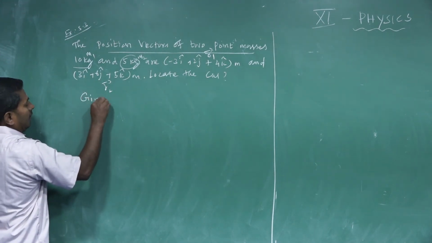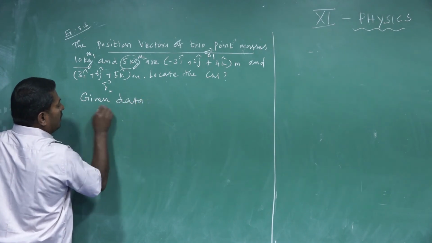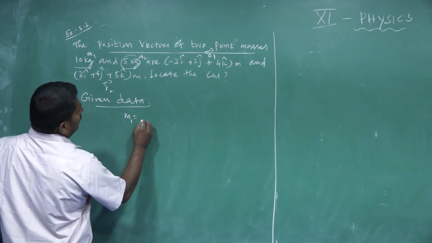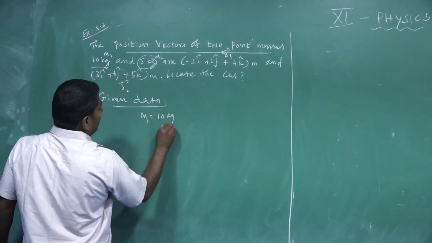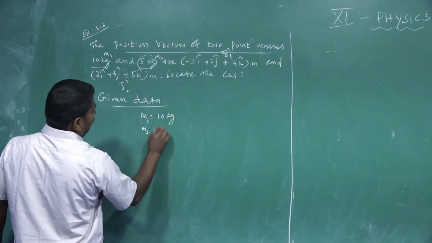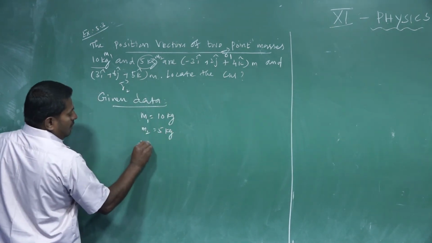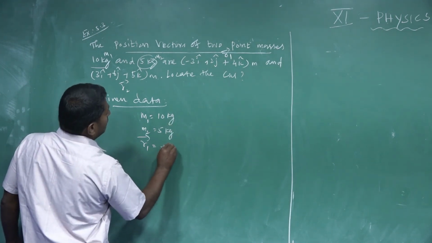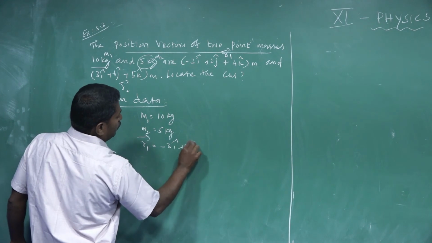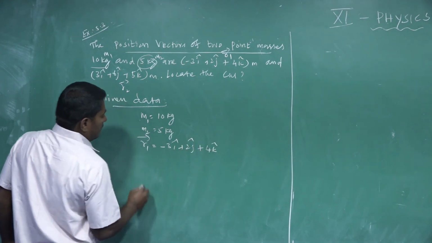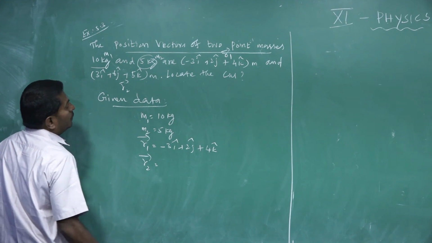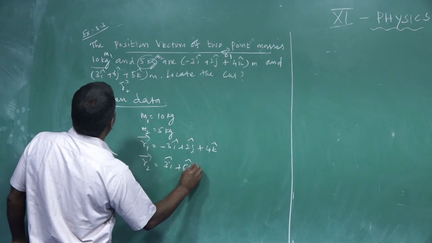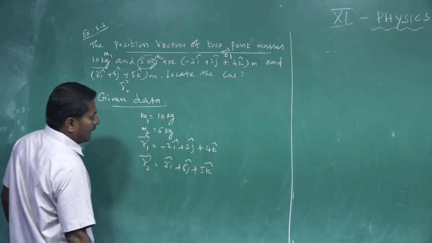Given data, mass m1 point mass 10 kg, m2 point mass 5 kg, r1 vector which is equal to minus 3i cap plus 2j cap plus 4k cap, r2 vector which is equal to 3i cap plus 6j cap plus 5k cap.